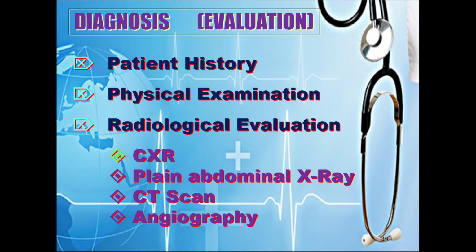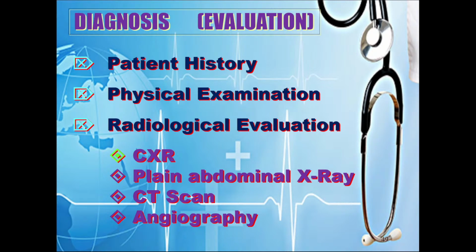We need to make the physical examination. We need to make the radiological evaluation. It can be CT, plain X-ray of the chest cavity, plain abdominal X-ray, angiography, ultrasound, everything we can do.